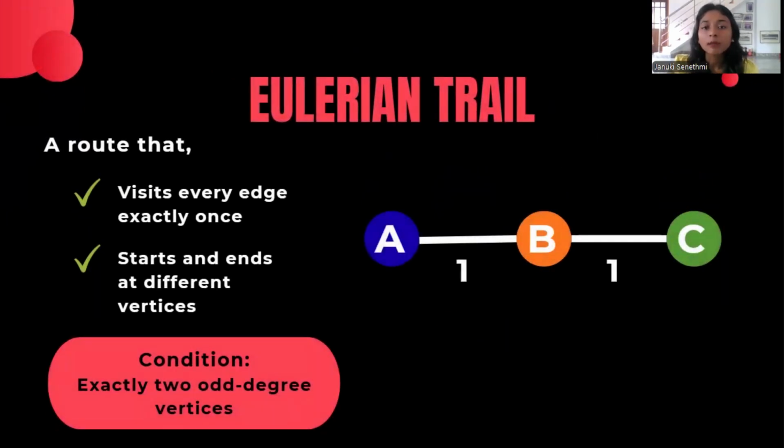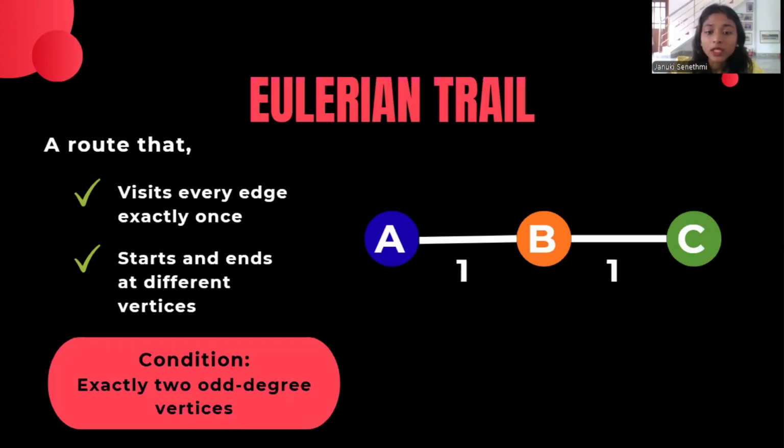Now let's look at something slightly different. Eulerian trail. An Eulerian trail also visits every edge exactly once. However, it does not return to the starting point. Instead, it starts and ends at different vertices.